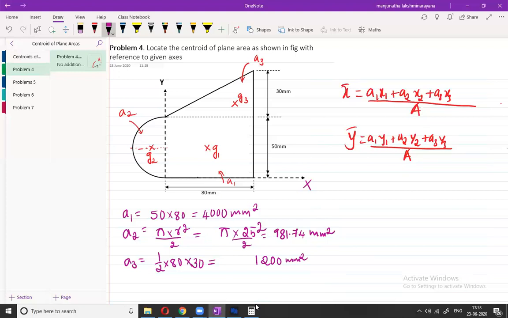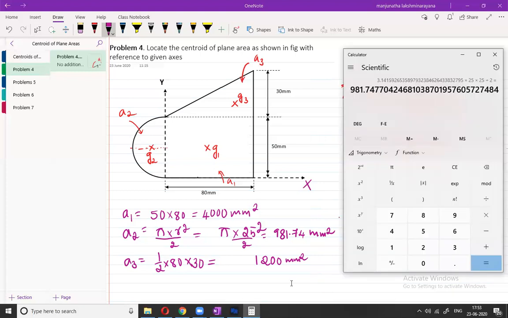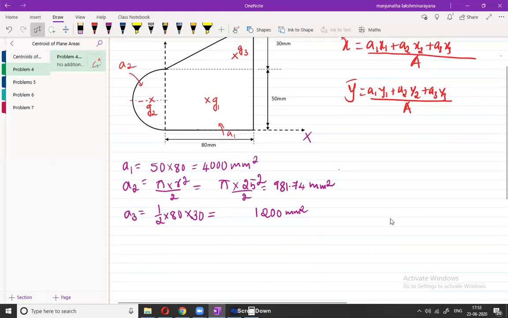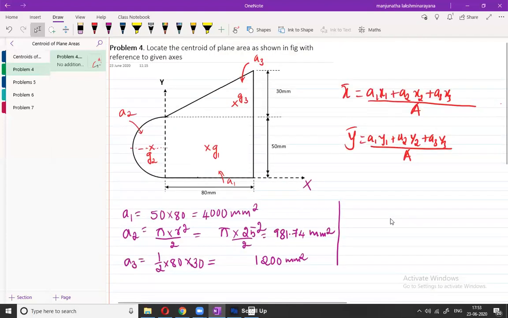Next, after finding out the area values, we need to find out the distances of the centroids from the given reference axis. Let us first find out the x bar values.